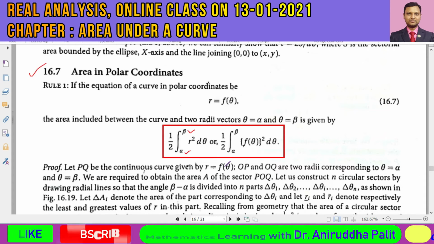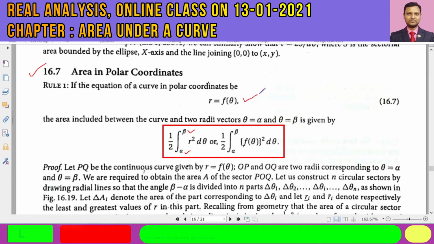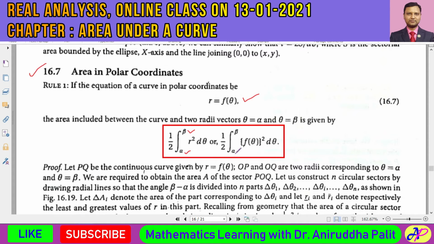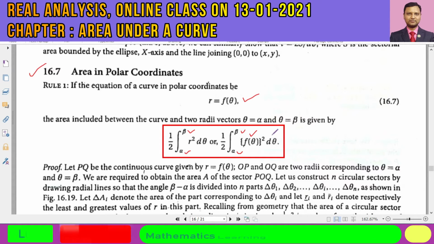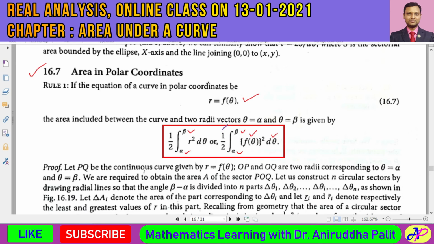The lower limit of theta is alpha and the upper limit of theta is beta. Or if we put r is equal to f theta, in that case this integral can be written as half times the integral from alpha to beta of f theta whole square d theta.